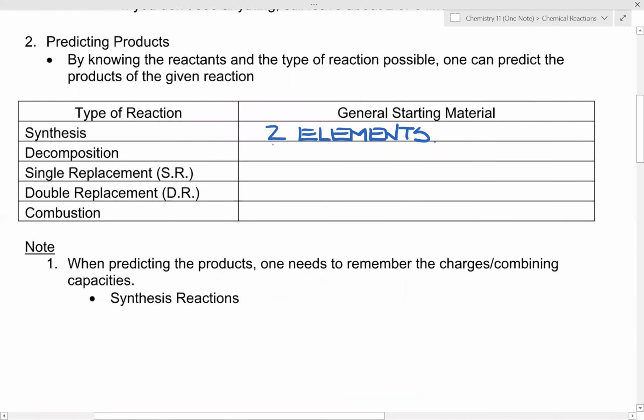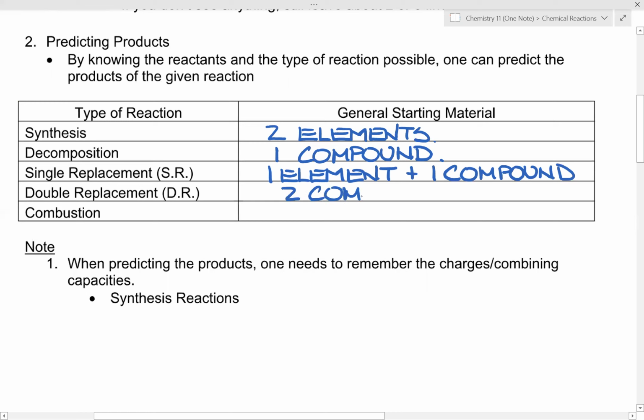For decomposition, you start off with one compound. Single replacement is one element and one compound. Double replacement is two compounds in solution.